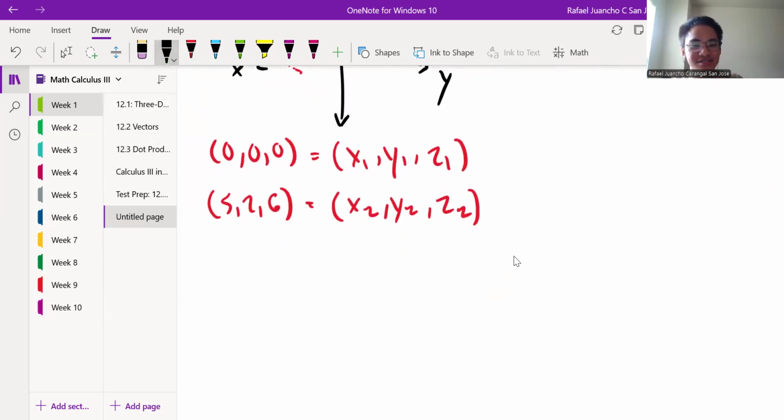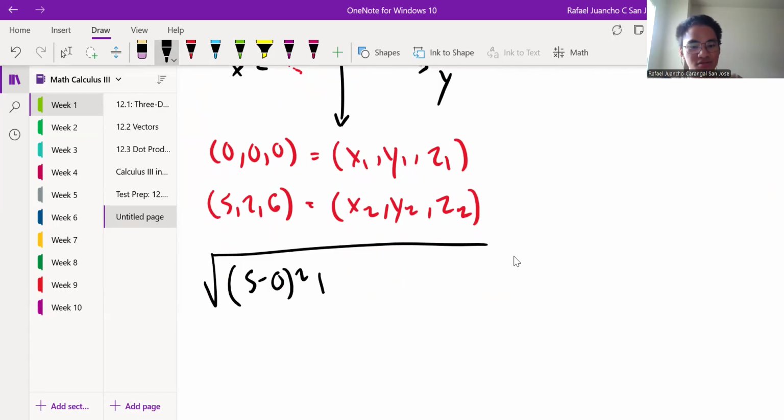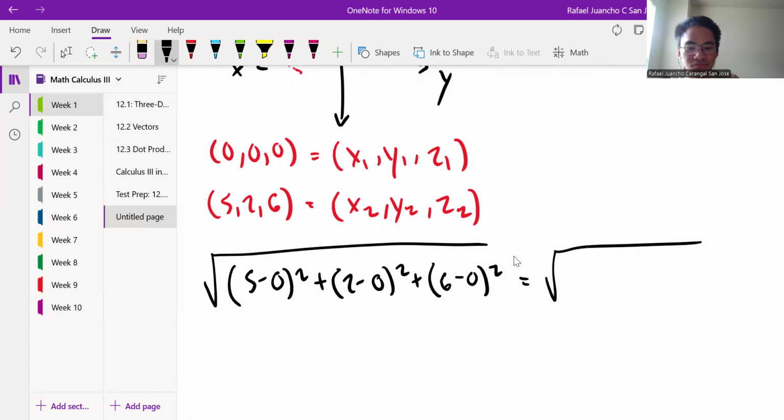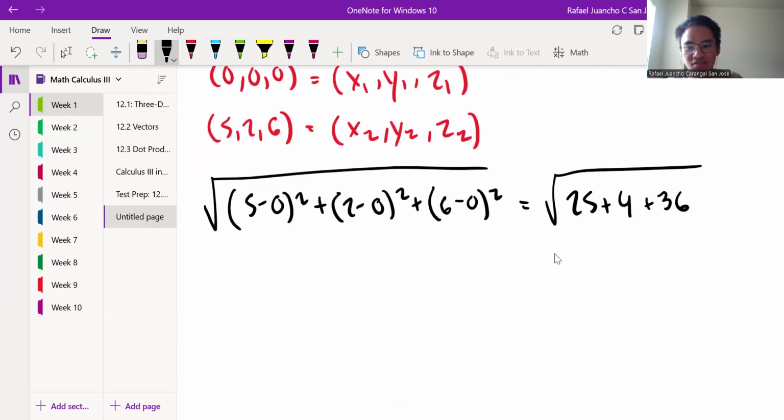And now we just plug it into the formula. So we have x2, 5 minus 0 squared, 2 minus 0 squared, 6 minus 0 squared. 25 plus 4 plus 36 is 65, and then I take the square root of that. So the square root of 65 is what I got.